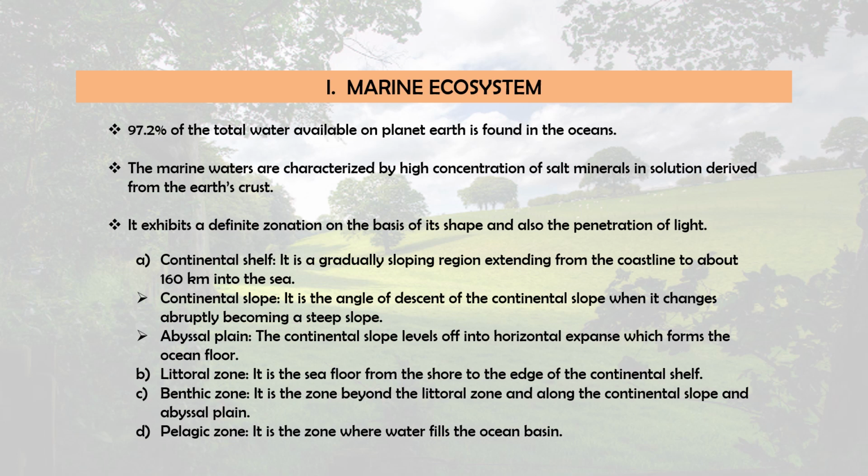And on the basis of the penetration of light, we can find three types. First one is the euphotic or photic zone. This region has sufficient light and we can find active photosynthesis here. And the dysphotic zone is the region where light gradually decreases with increasing depth, and the light becomes insufficient for photosynthesis.